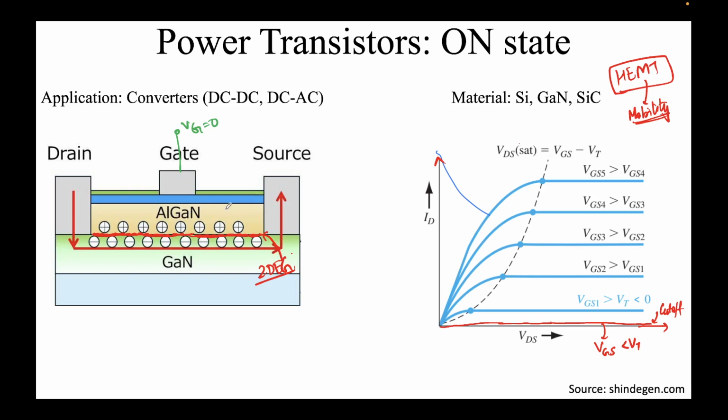But the mobility of electrons in this HEMT, for instance, can be as high as 2000, in the range of 2000s, while for silicon it's only up to 300 or 500 maybe at max. So this kind of structure enhances the mobility.